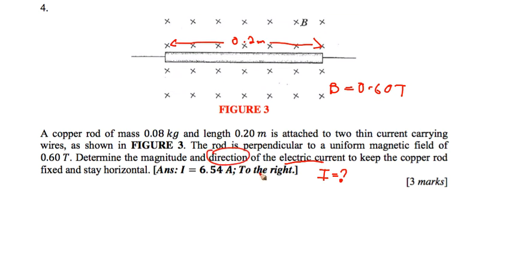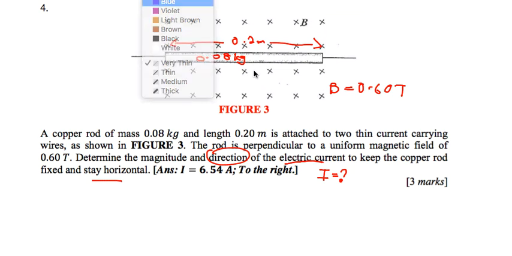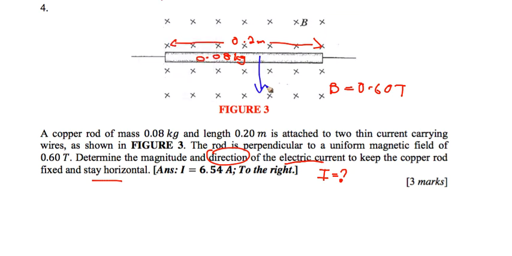To keep the copper wire fixed and horizontal, meaning if the copper rod stays horizontal like this, because the copper wire has a mass of 0.08 kilogram, the copper wire must have a weight force. The weight force of the copper wire is mg.